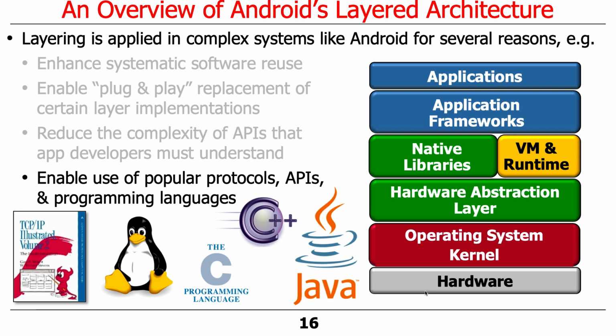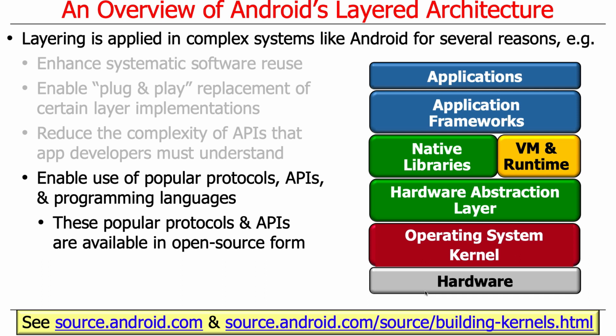And of course, all the stuff up here in these different stacks depends intimately on the lower level capabilities that are provided, particularly Java, because that's the primary way that you wrote the services and apps traditionally. And of course, these protocols and APIs are available in open source form with different licensing models, but Google has put them all together, bundled them up into the Android platform.